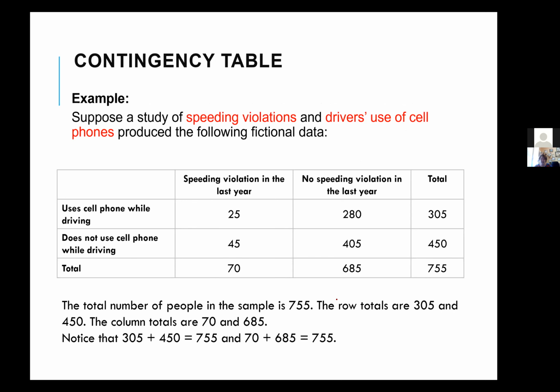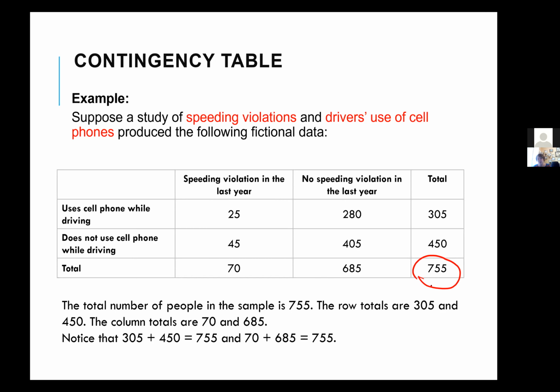So this is a study that compares speeding violations and cell phone use. They looked at 755 people, and they determined whether the person uses a cell phone while they're driving. Did they get speeding violations while they drove?